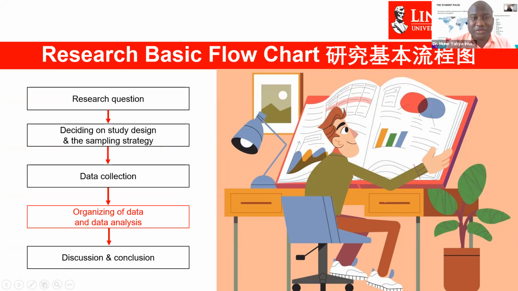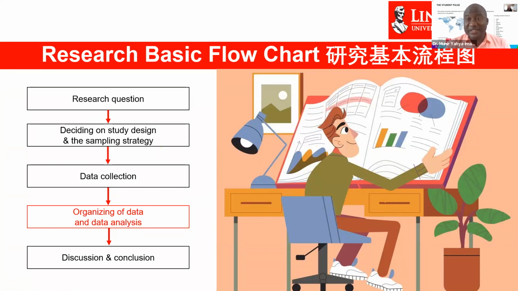You need to decide on study design as well as sampling strategy. Then you also need to decide on your mode of data collection. How do you want to collect your data? Of course, you need to first identify the kind of data you want to collect. Remember, whatever data you are collecting must answer this research question, which I believe they will have explained to you in your Saturday classes.